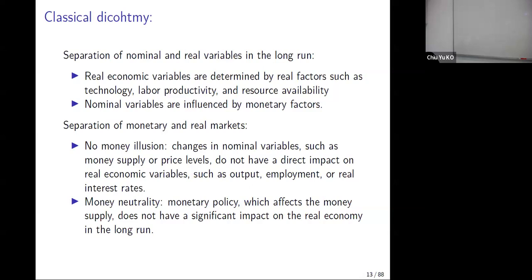What they think is that in the long run, money has no impact. The money doesn't matter. Probably none of you would believe that, but in the short run, of course, the Federal Reserve has some role in the economy. But in the long run, the classical economists argue that the Fed is useless.